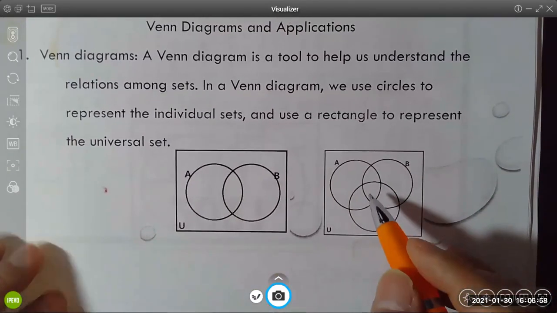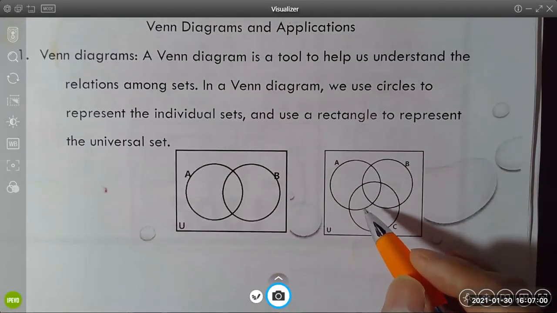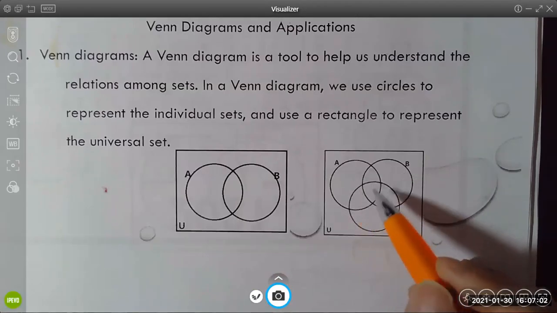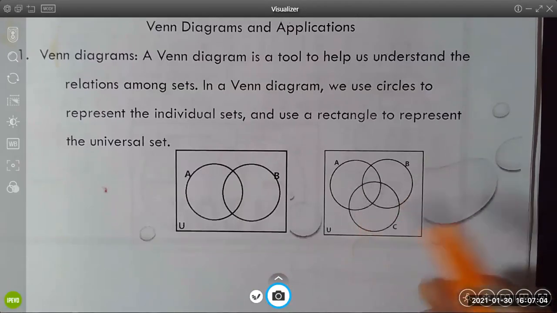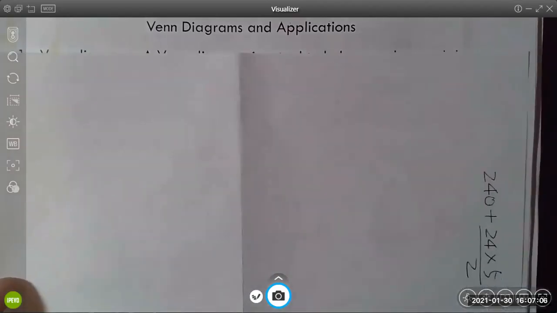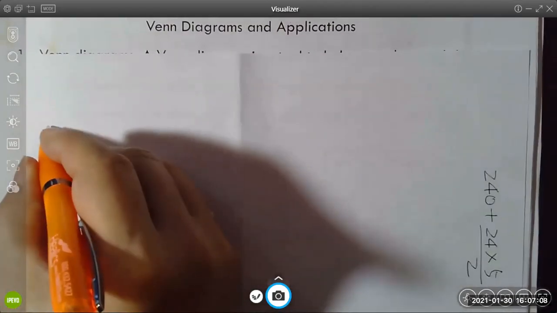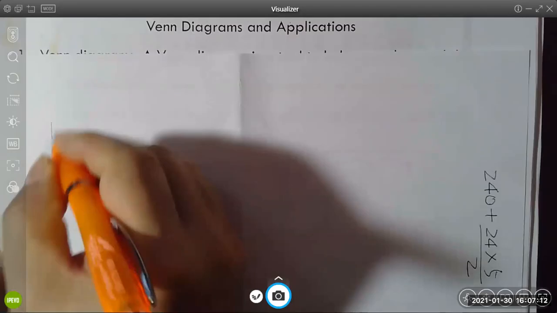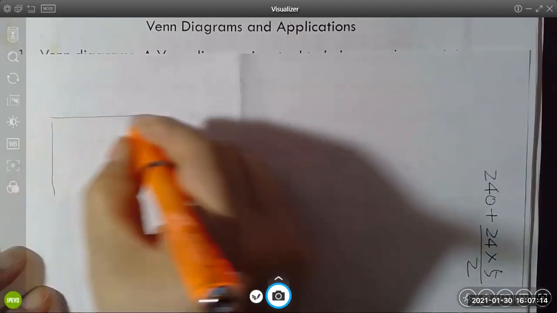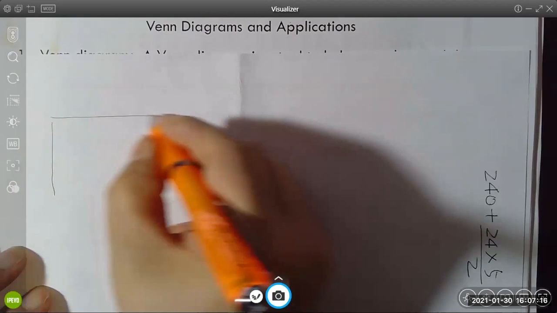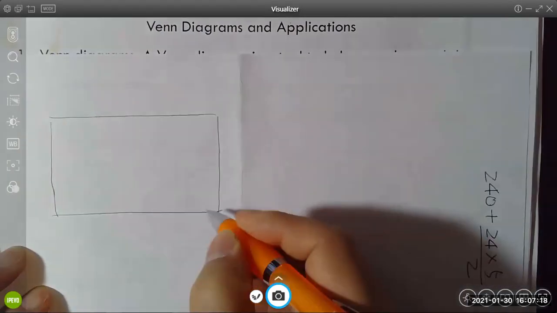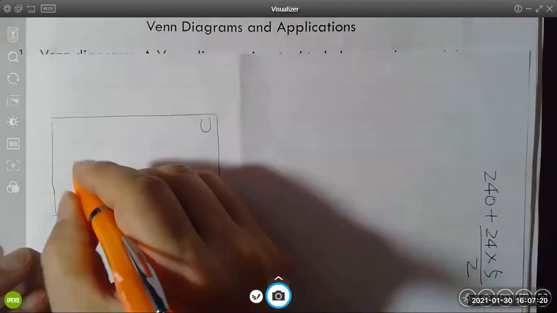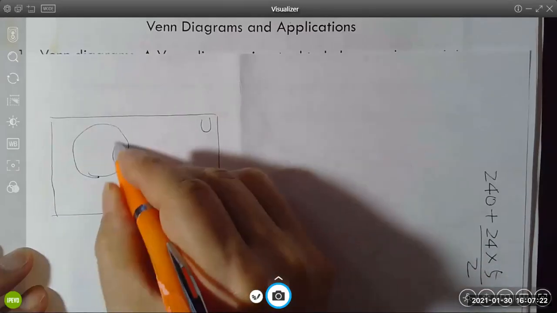And this is a three-set Venn diagram, and we have these three circles intersect this way, which goes like this. That's how you draw that in case you need to draw three sets. This is the universal set. Usually we use a U to label that. Then first you draw two circles this way.